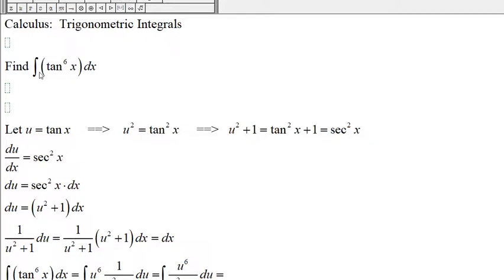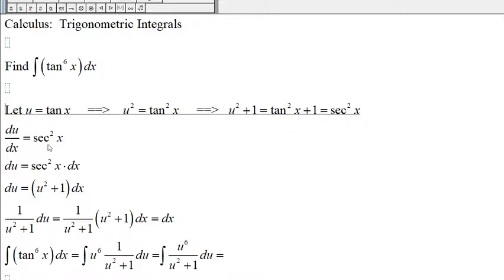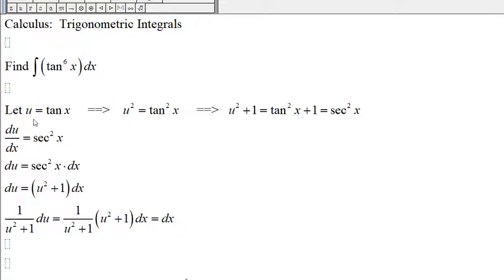Here we have the integral of tangent of x to the sixth. Let u be tangent of x. Square both sides, we get u squared is tangent squared of x.